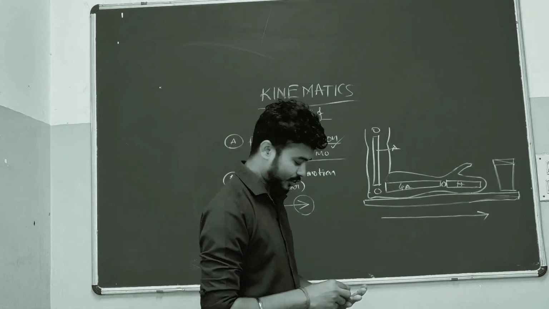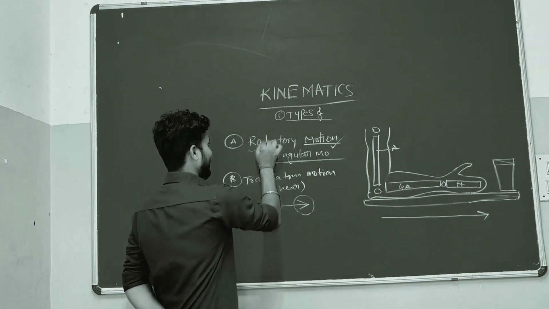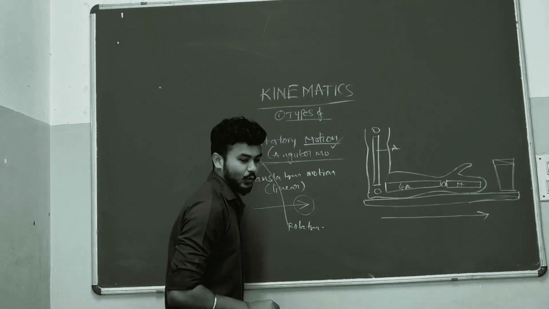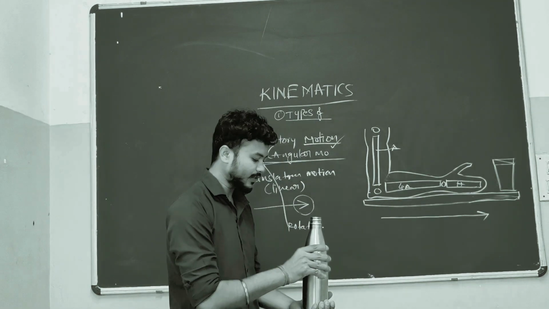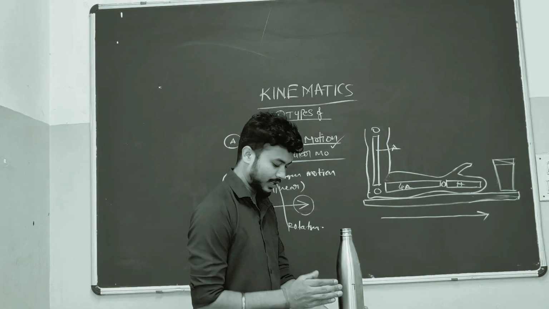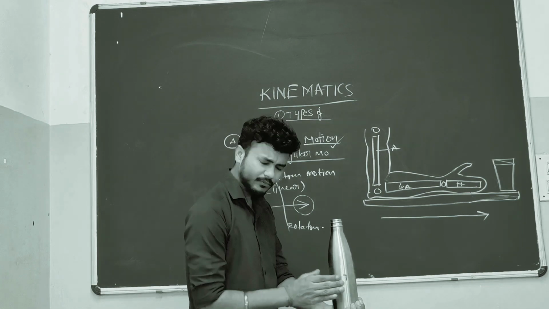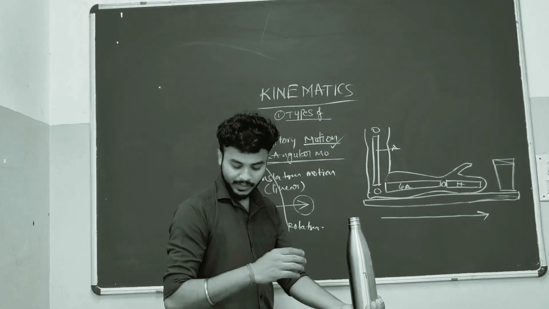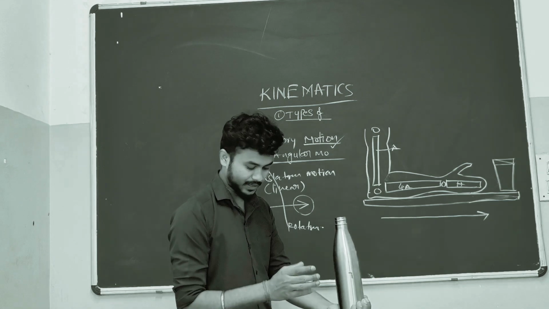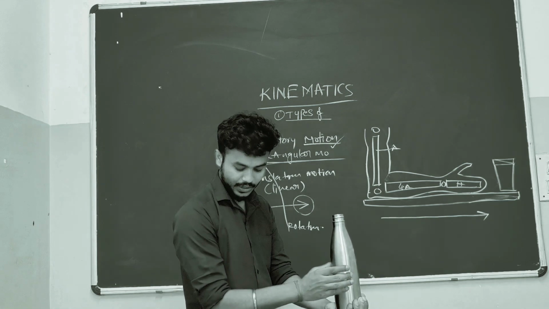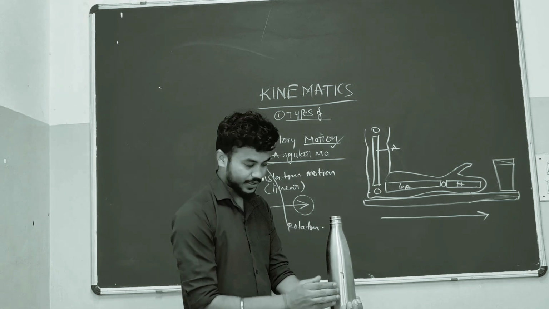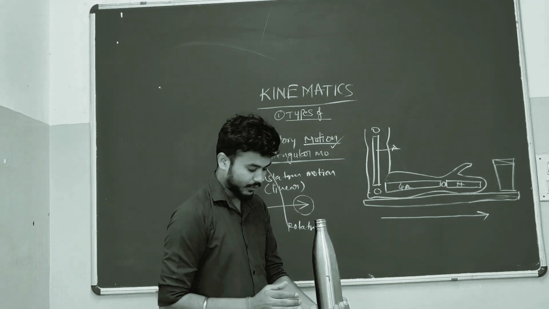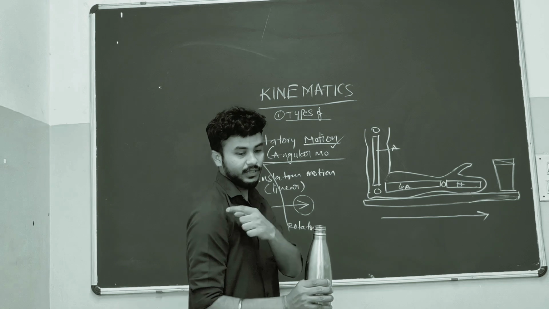In this translatory motion, one more point is there, that is rotatory motion. What is it? Suppose I am holding this. Here also the movement of the forearm and hand segment is happening through the rotation of the elbow, and the arm component is moving because of the rotation of the shoulder joint.